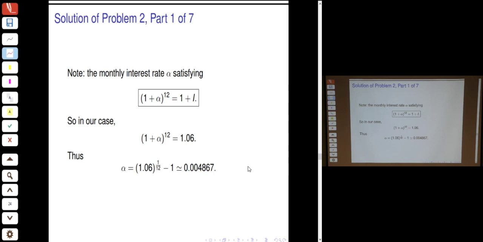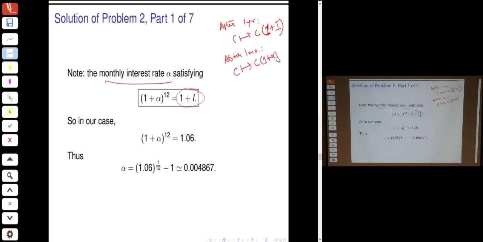If the annual interest rate I is a fraction, not a percentage, then after 1 year your debt or your investment will grow by a factor of 1 plus I. On the other hand, if the monthly interest rate is alpha, then after 1 month, your debt or your investment will grow by a factor of 1 plus alpha.